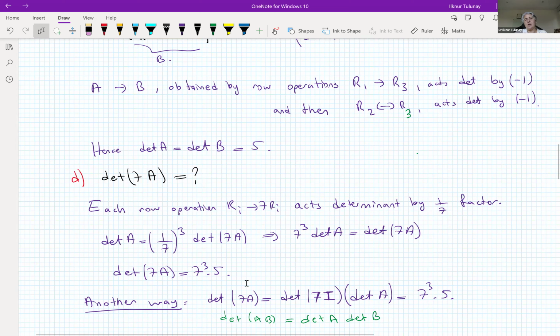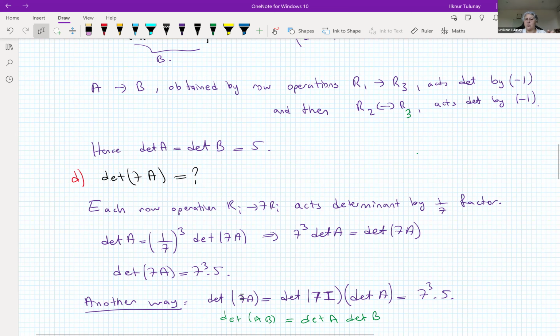That's what it is. We can do it this way, or there's another explanation for the solution, because the determinant of 7A can be written as 7 times the identity times A. So you can think of this as 7I times A, where I is the identity matrix.